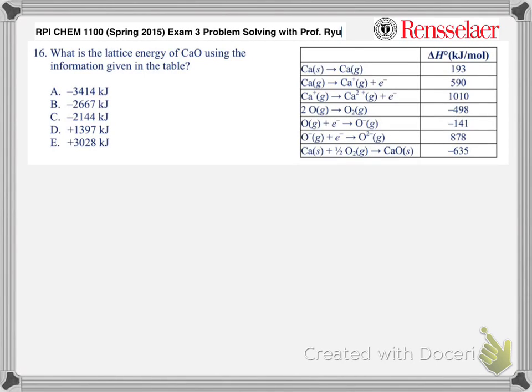Okay, so this is a question about calculating the lattice energy for CaO. Lattice energy is defined for an ionic species. Let's say here's a calcium 2+ ion in the form of a gas flying around, and then the oxygen 2- ion in the form of a gas flies around, and they end up resting on a lattice, CaO solid.